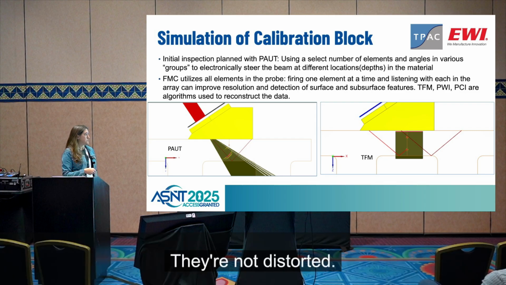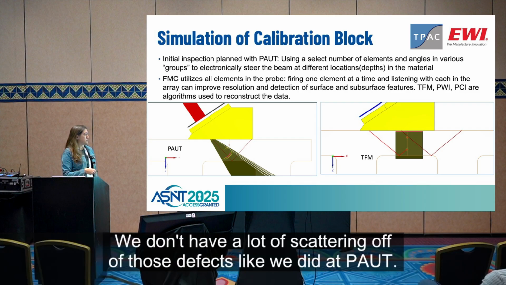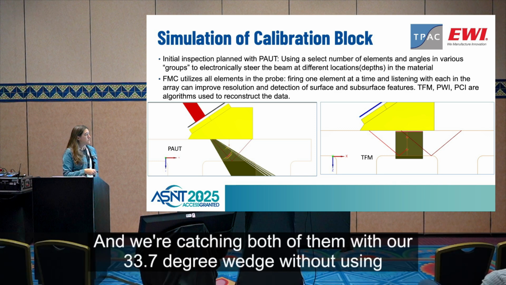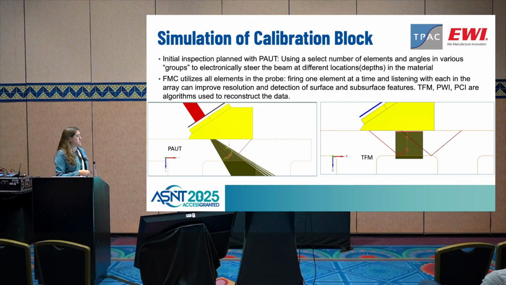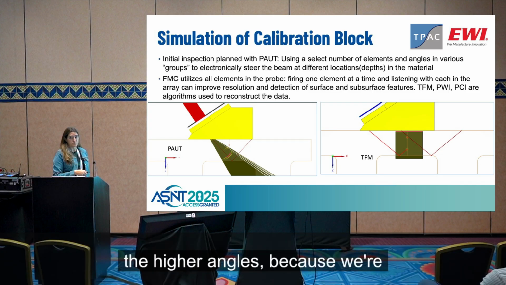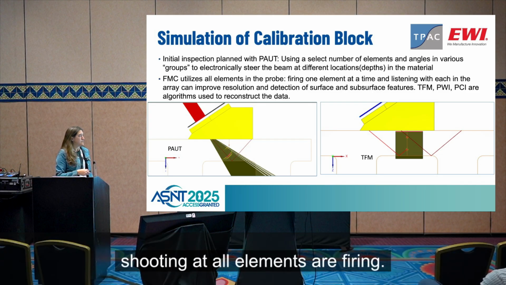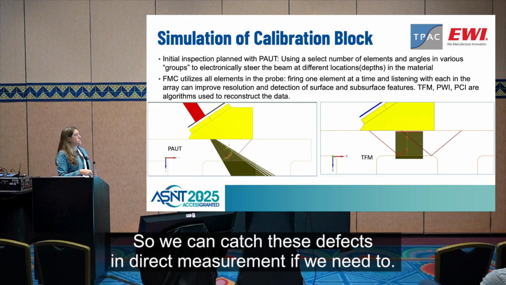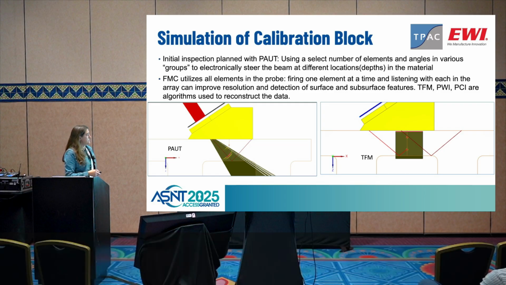They're not distorted. We don't have a lot of scattering off of those defects like we did with PAUT. And we're catching both of them with our 33.7 degree wedge without using the higher angles, because all elements are firing. So we can catch these defects in direct measurement if we need to.